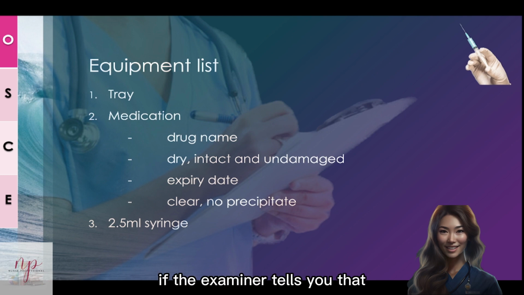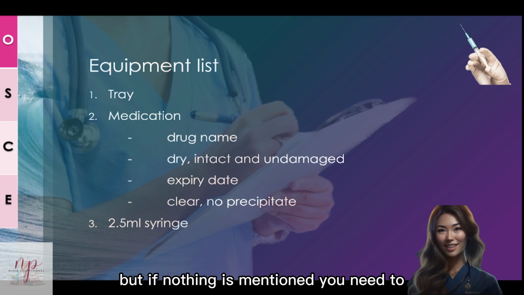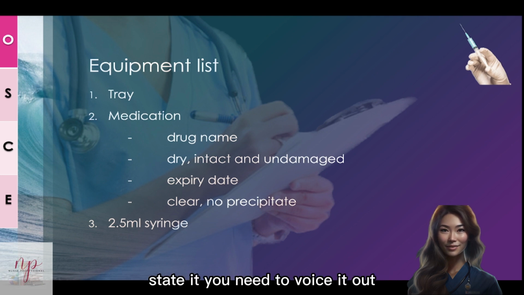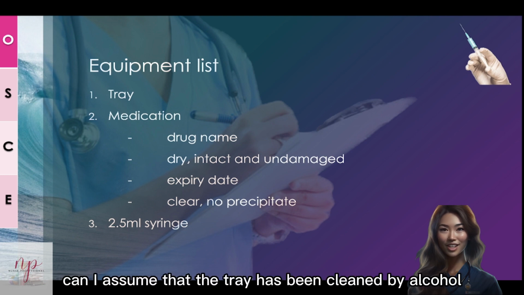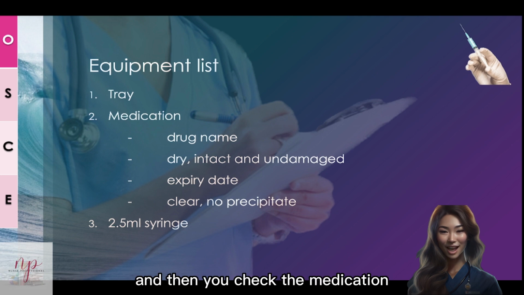If the examiner tells you that, then it's very good because you just need to use it. But if nothing is mentioned, you need to state it. You need to voice it out. Can I assume that the tray is clean? Can I assume that the tray has been cleaned by alcohol wipes, for example? And then you use the tray, and then you check the medication.